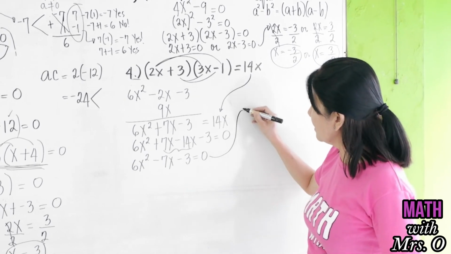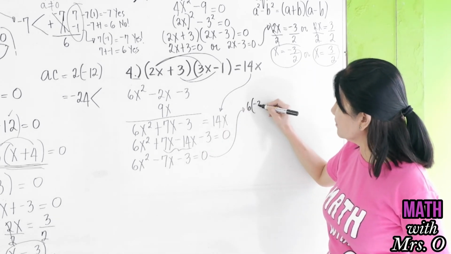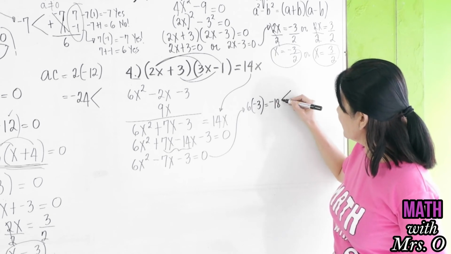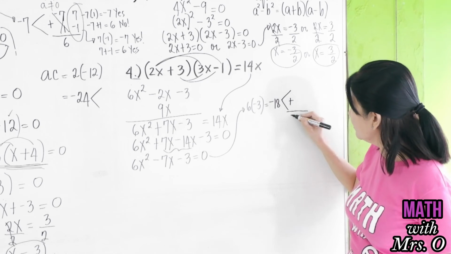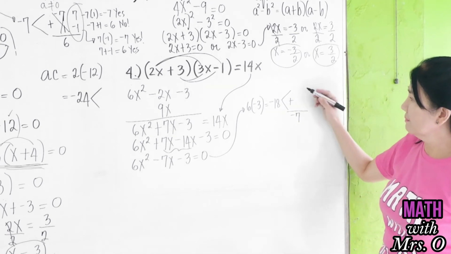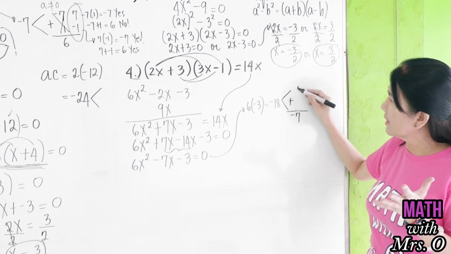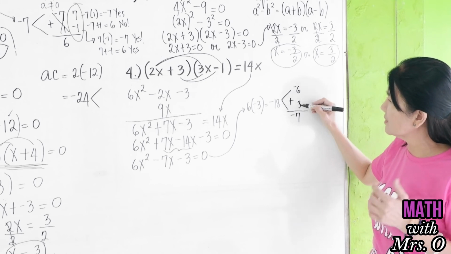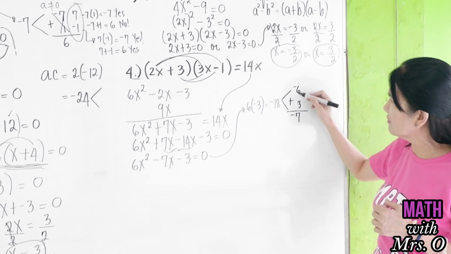So now, apply the AC test. Multiply 6 times negative 3, we get negative 18. Find factors of negative 18 which, when added, will give you negative 7. Let's say you try negative 6 times 3. It is negative 18, but when you add them, do you get negative 7?